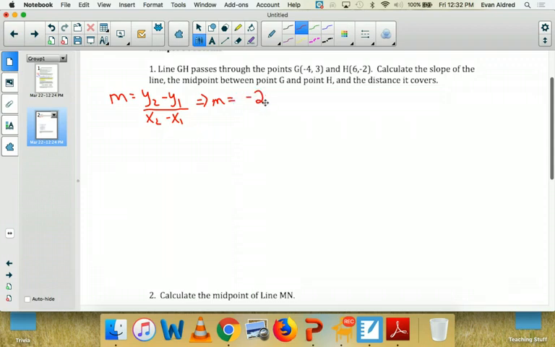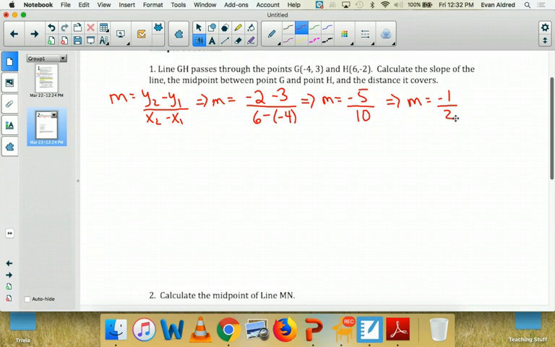So we're going to go negative 2, subtract 3, and 6 subtract negative 4. So our slope, negative 2 subtract 3 is negative 5. 6 subtract negative 4, well that's 6 plus 4, which is 10. Remember to reduce. We get a slope of negative 1/2. Nothing groundbreaking there. We've done that so many times that hopefully everybody is just fine with that.